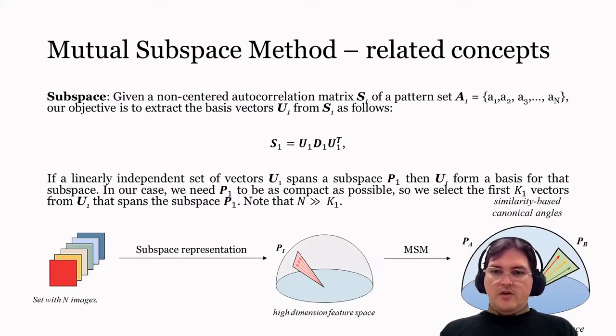So this is one of the frameworks that we use. This is the mutual subspace method. The mutual subspace method creates the subspace using the eigenvalue decomposition. The eigenvalue decomposition gives a set of basis vectors, and these basis vectors have a special attribute: they are ranked regarding their importance, more precisely the variance.